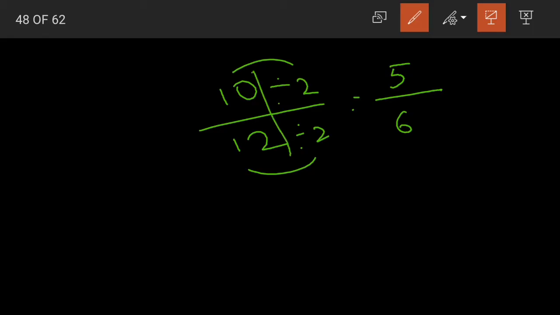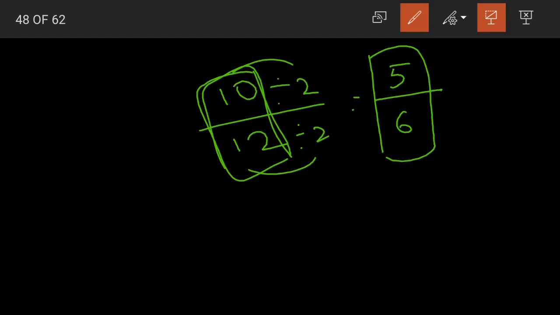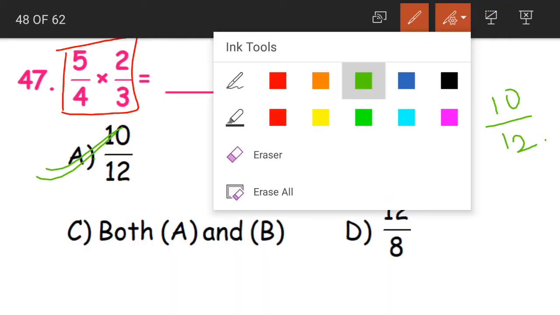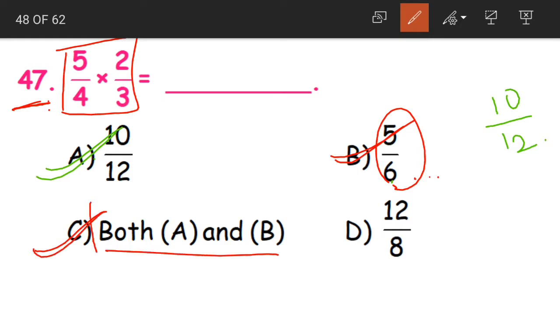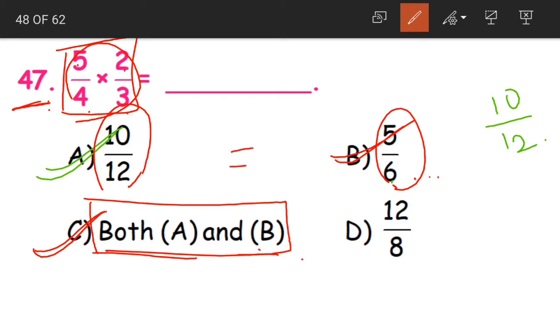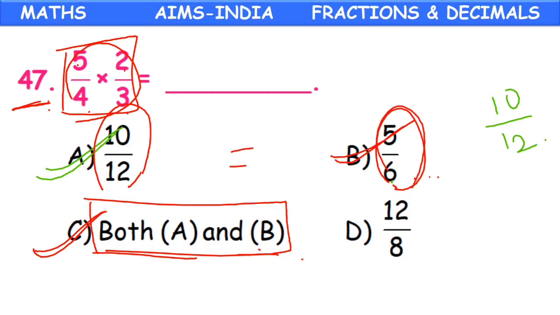So 10 by 12 is also equivalent to 5 by 6, that is option B. So the correct answer for this question becomes option C, both A and B. The product of 5 by 4 and 2 by 3 is 10 by 12, which is equivalent to 5 by 6.